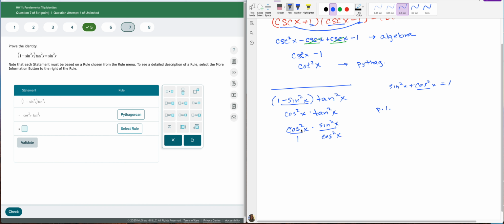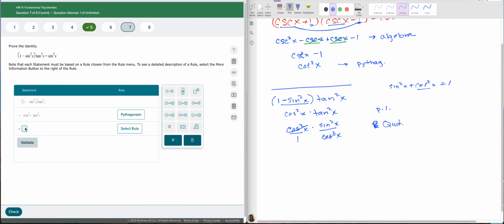Remember, that's the same as cosine squared x over 1. My cosine squared x's are going to cancel, and that's going to leave me with what I wanted, sine squared x. So what did we do? We made that replacement, which was not a reciprocal, but a quotient identity. And then as a last step, we did some algebra and ended up with our sine squared.